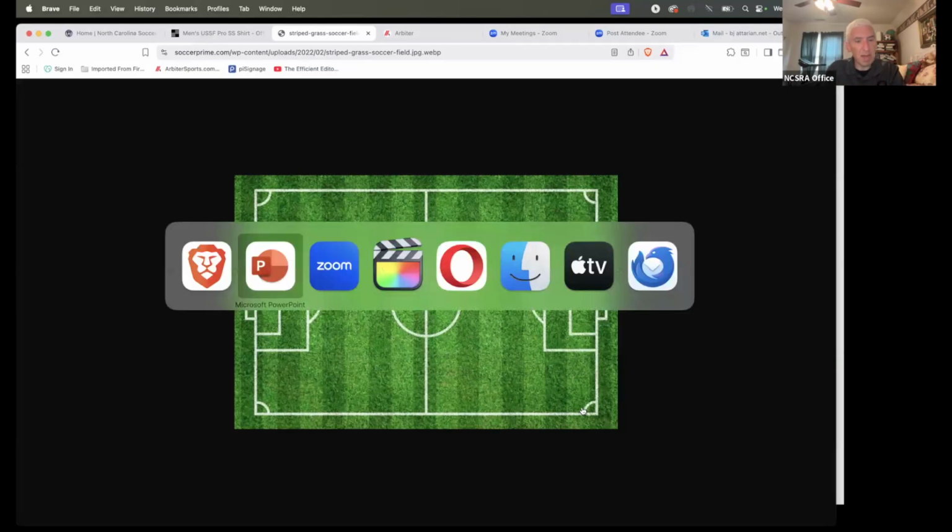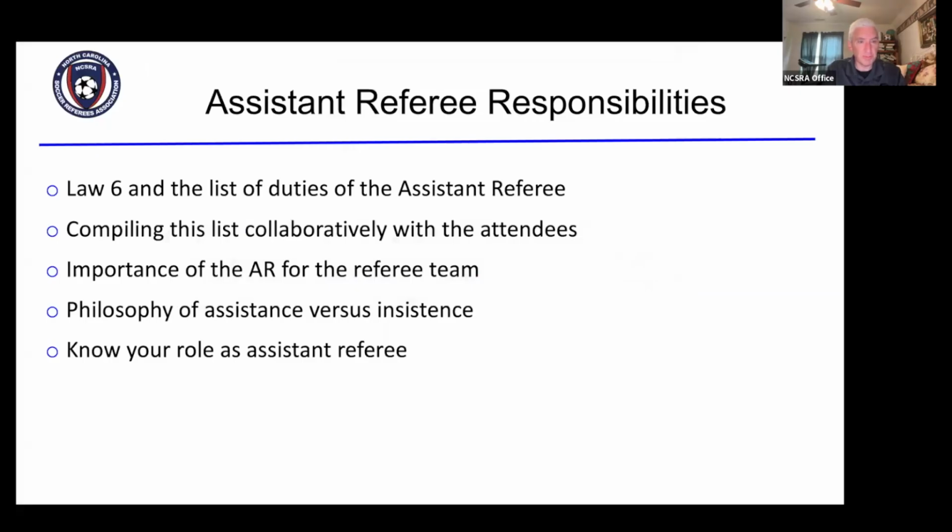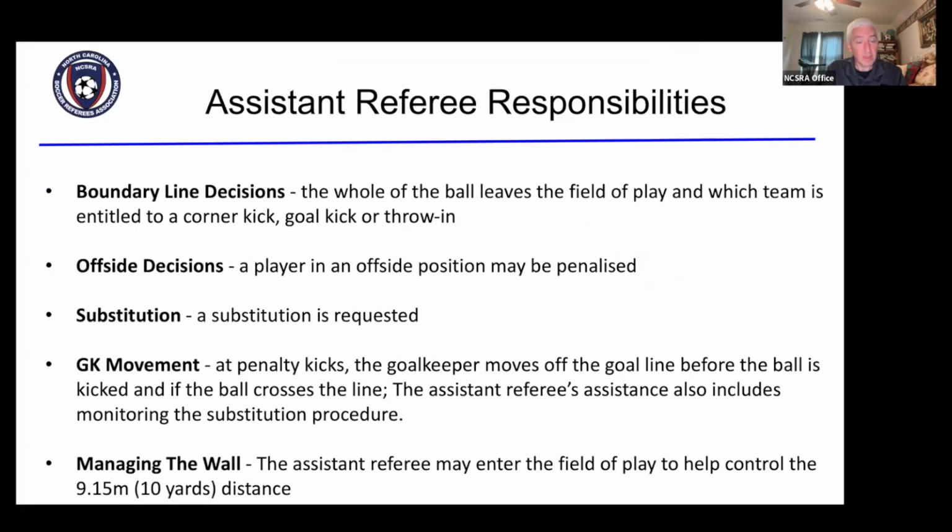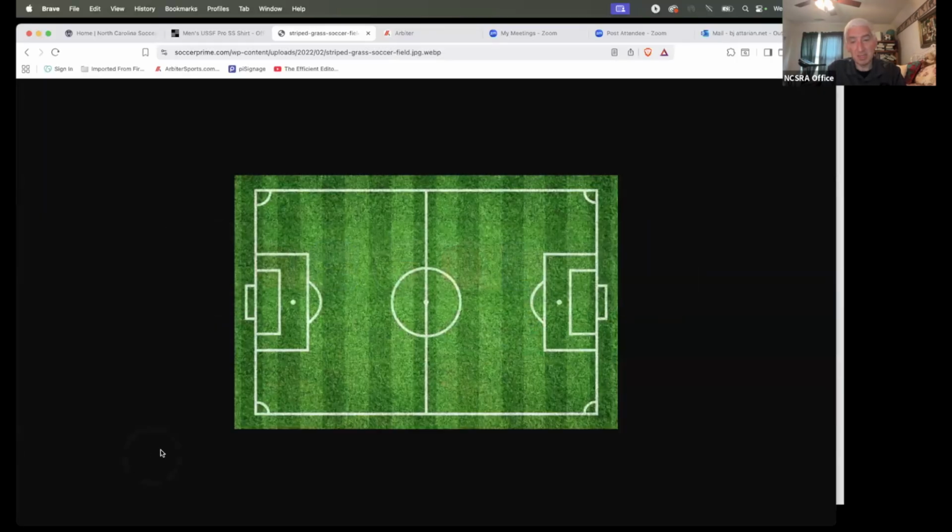But if we go back over to the PowerPoint, we've talked about all of these you mentioned in the chat. No one mentioned this. And when you see this, managing the wall, that's what they're talking about. Am I doing this if the wall is out here? There probably wouldn't be a wall out here, but there might be a wall here or a wall over here. No, I'm doing this in the assistant referee's quadrant. And what I mean by quadrant, your area.